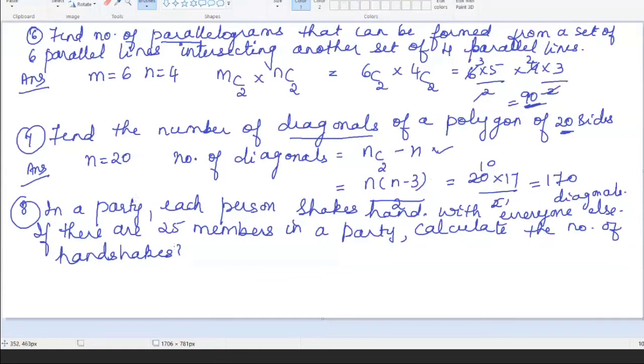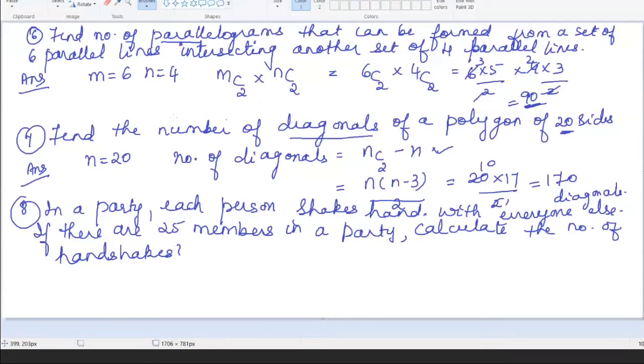Yes, answer. How to do it? There are 25 people. In order to get a handshake, how many hands do we require? 2 hands to be shaken together for a handshake. So the answer here is 25C2, and that will give you the number of handshakes, which is 300 handshakes.